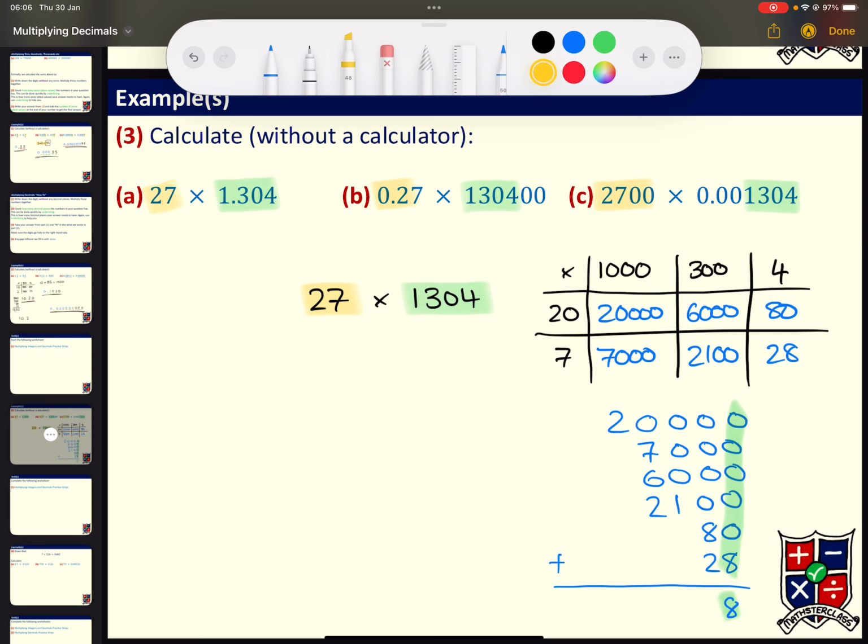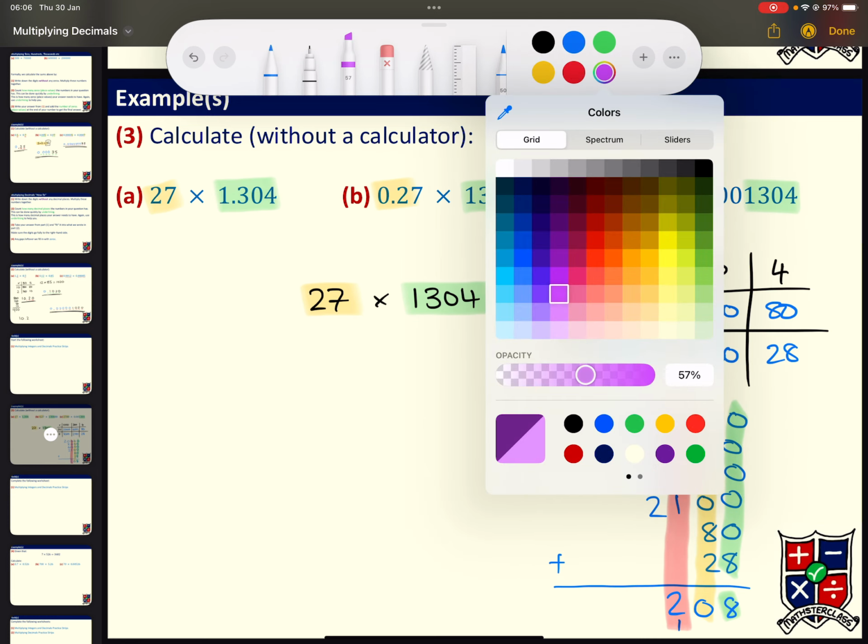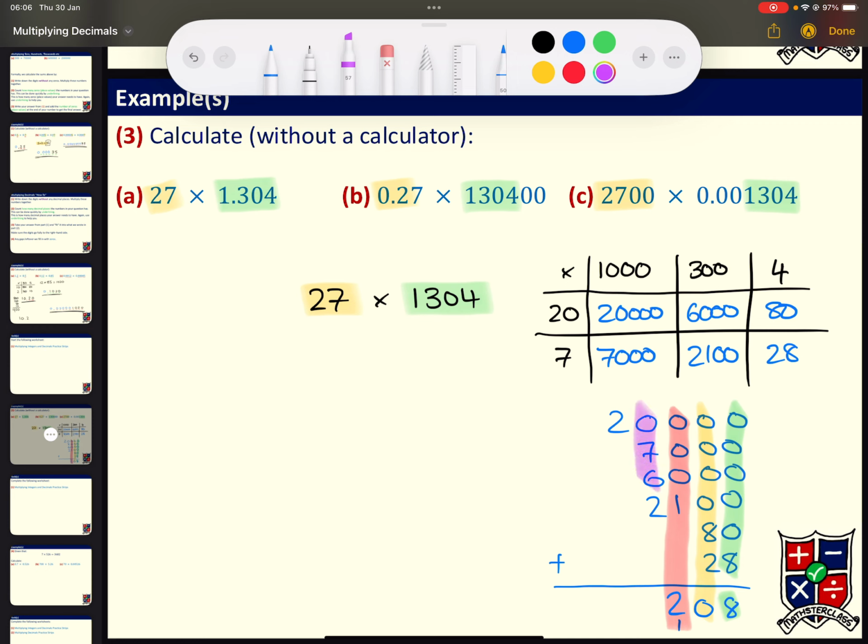In the second column, we're going to get an 8 plus 2 for 10, so we'll have a 0, carry the 1. In the third column, we're going to have a 1 plus that 1 that carried to give us 2. In the thousands column, we're going to have a 7 plus 6 for 13, plus 2 for 15, so we'll have 5, carry 1. And then that leaves a 2 plus 1 to give us 3 here.